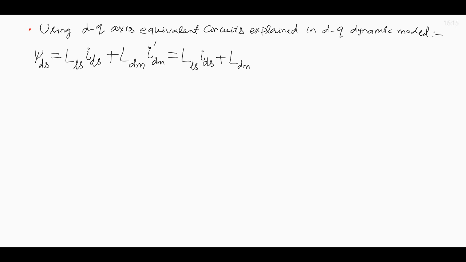D axis stator current and field current both are flowing through the mutual inductance LDM. And what is the current division?